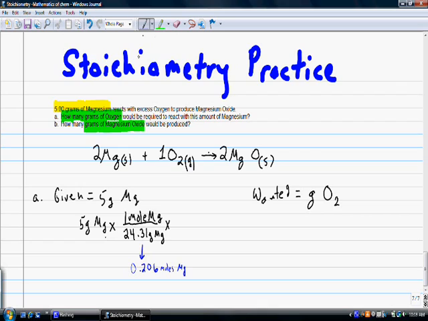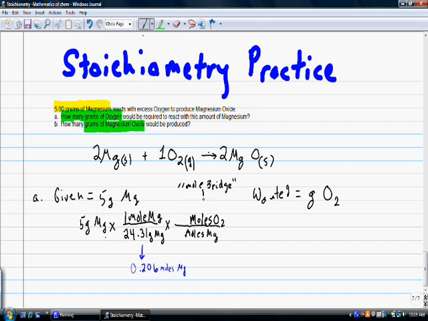I'm going to continue to run the conversion factors across here. Now I've got moles of magnesium on top, so I'm going to want moles of magnesium on the bottom. And I know that I'm going to have to convert that to my wanted, so I'm going to put moles of oxygen on top. This becomes our mole bridge that we spoke about earlier when talking about the mole map part 2.